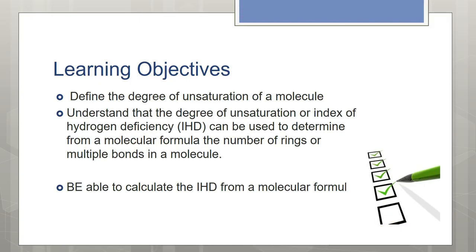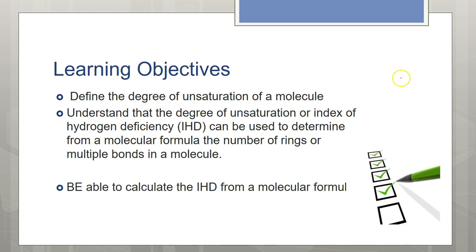So for this, the IB wants us to be able to define the degree of unsaturation in a molecule, basically understanding that the degree of unsaturation or index of hydrogen deficiency, as it's called, is used to determine from a molecular formula the number of rings or multiple bonds in a molecule.